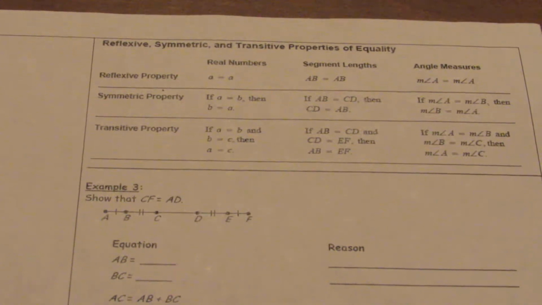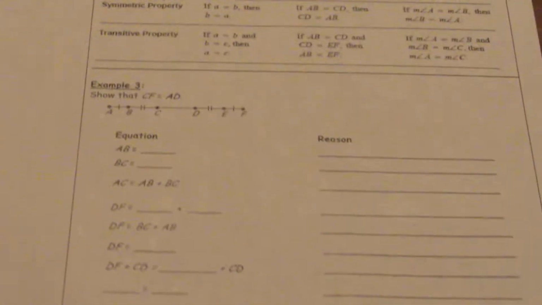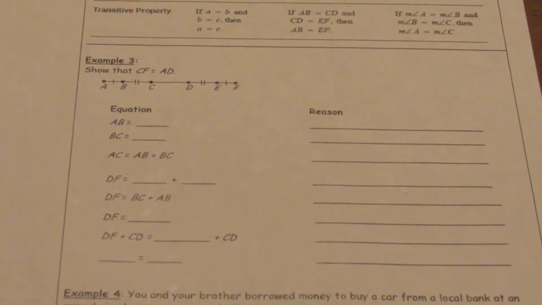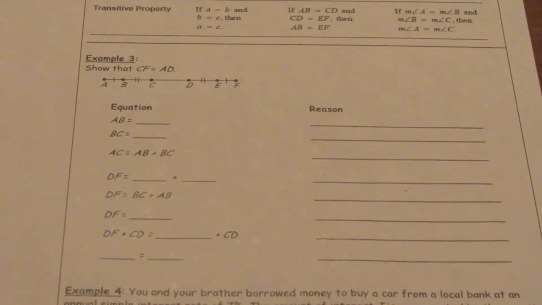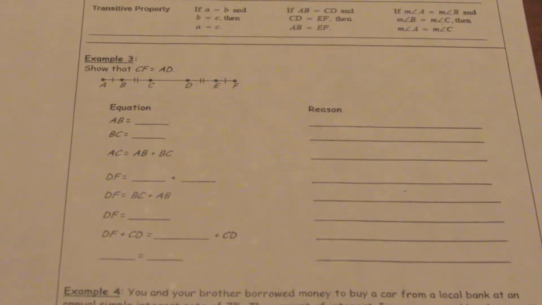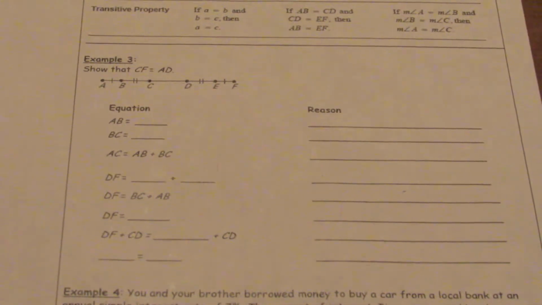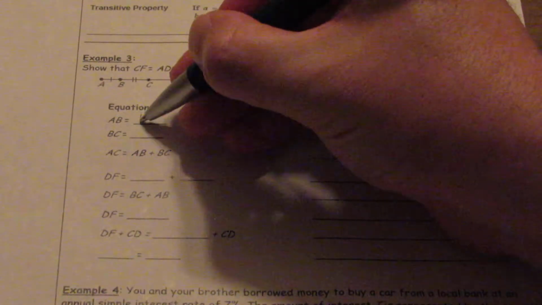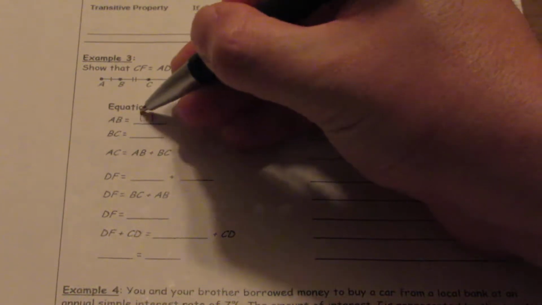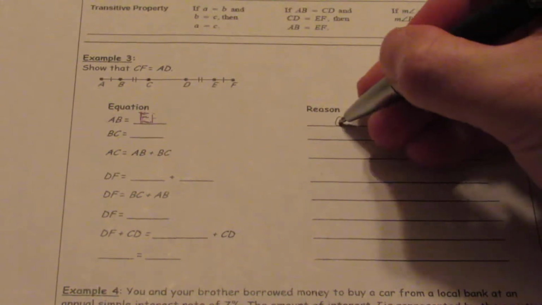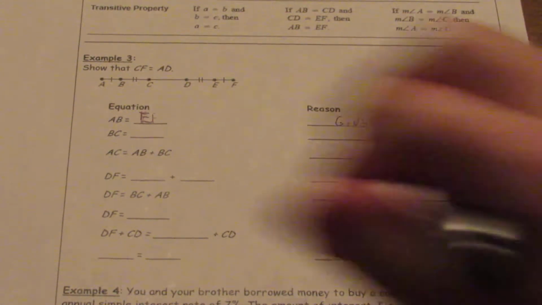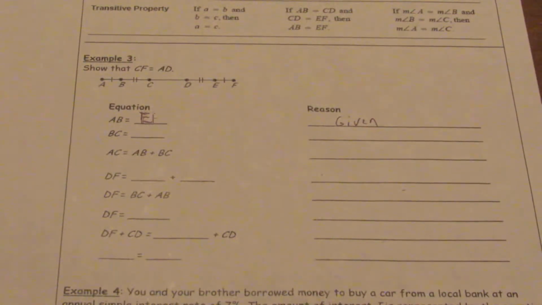So example 3 is getting into a geometry proof. And this is a fill in the blank proof. So AB is equal to EF. That is given information, and I'm given that by AB and EF being marked the same thing.